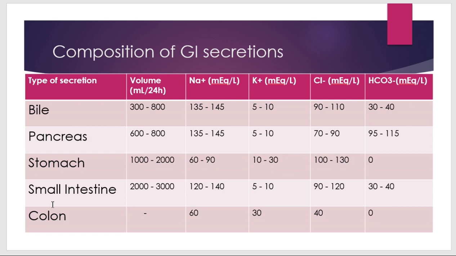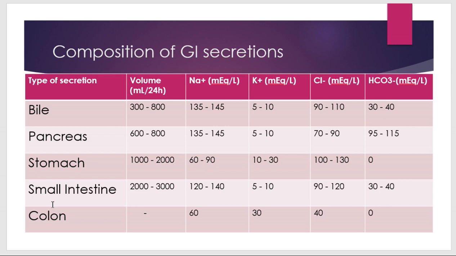So let's quickly go through the figures and the important highlights in this slide. The composition of GI secretions. We are dealing with 5 important components for all these 5 secretions. So I have taken 5 secretions with 5 components.